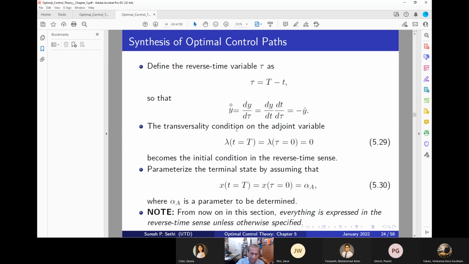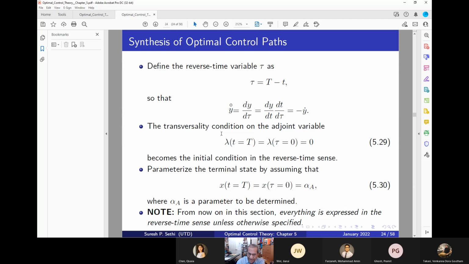In the Excel example that you solved, we had a two-point boundary value problem in which the initial value of x was given and the terminal value of lambda was given. So what we did? We took the initial value of x as it was, and we guessed the lambda value to be whatever, and then we solved the problem forward in time.